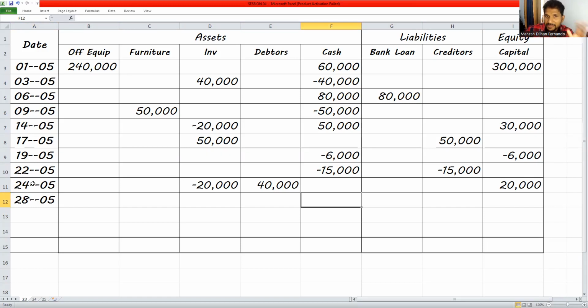The first impact is that it decreases the balance of cash. And do you know this 10,000 is a drawing? That is deducted from the equity. Cash minus 10, capital or equity minus 10.